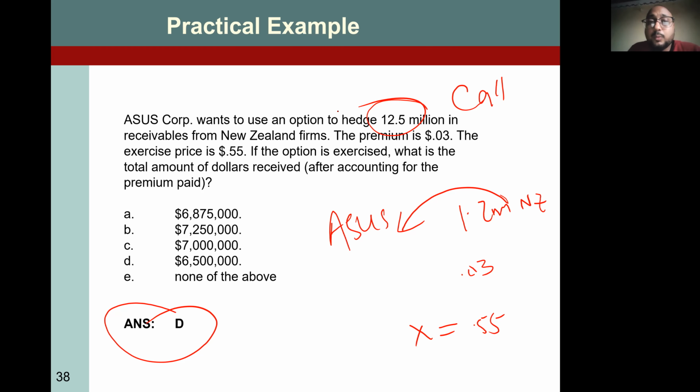If they enter into this contract and the option is exercised, how much will they receive? Remember, the option is exercised based on the exercise price. So they will receive 12.5 million multiplied by 0.55.